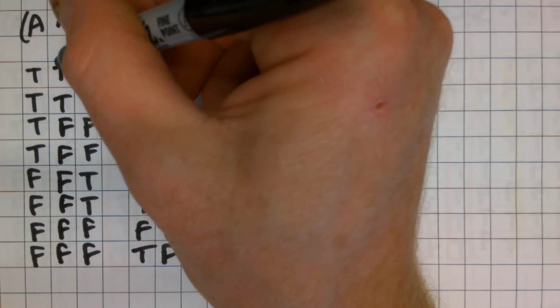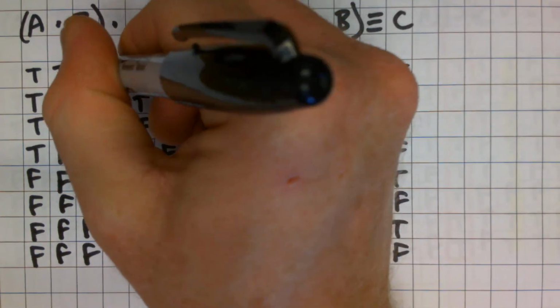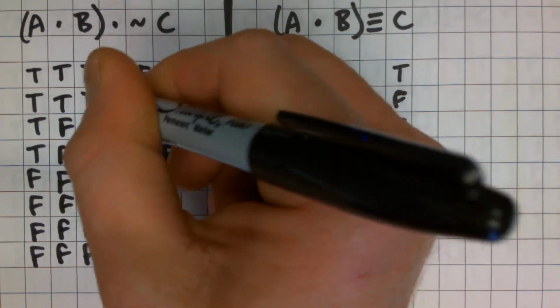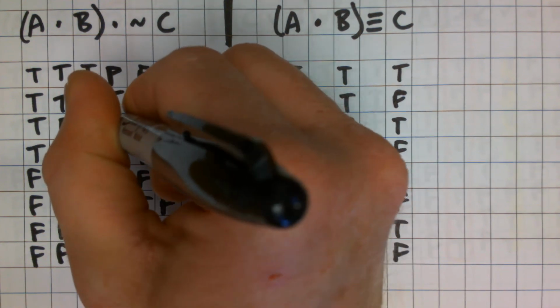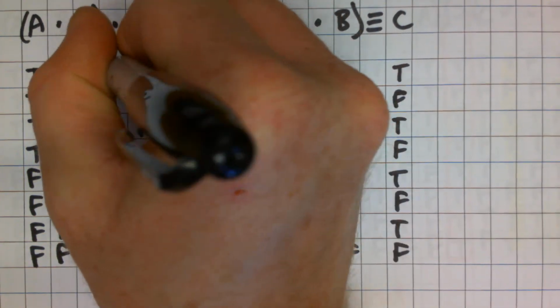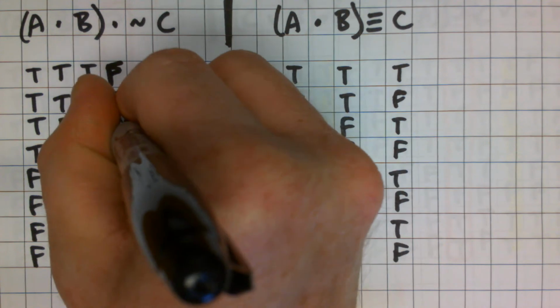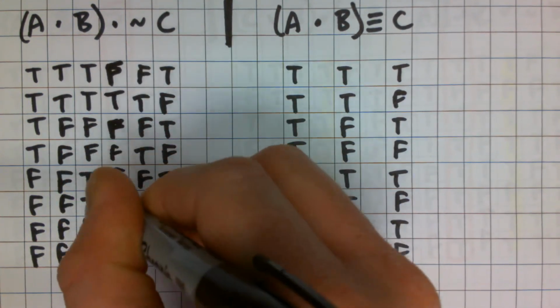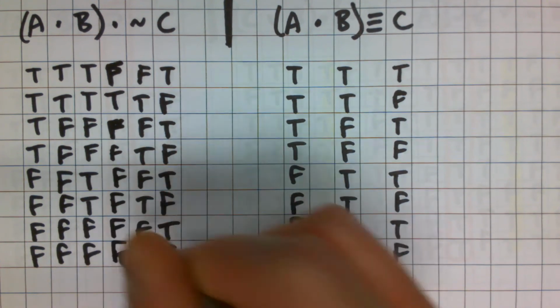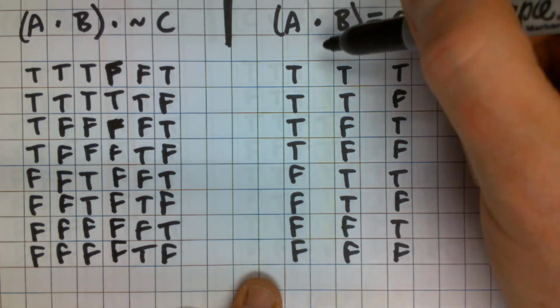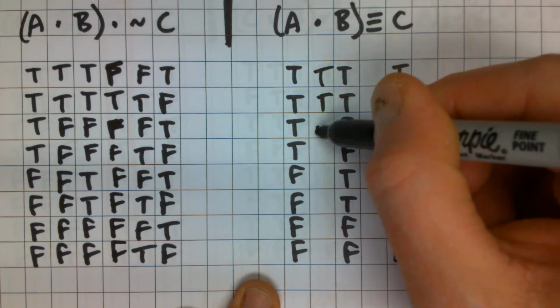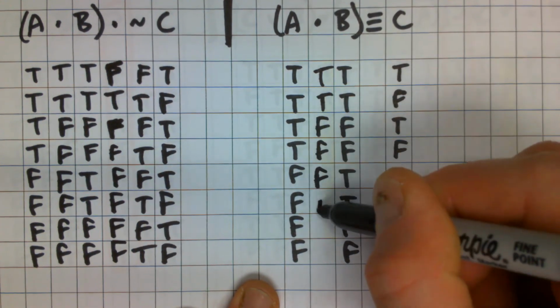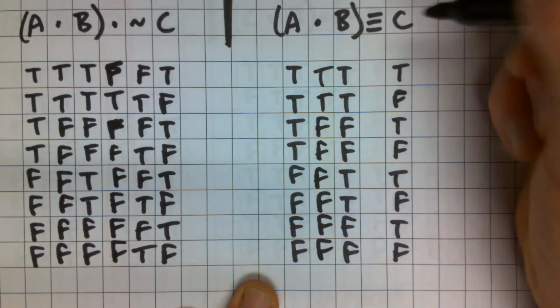Same here now, but I look at this line and this line, so true and false, false, true and true, true, false and false, false. I'm going to make sure this one's clearly an F. It's going to be false in all other cases. Over here, true, true, false, false, false, false, false, false.